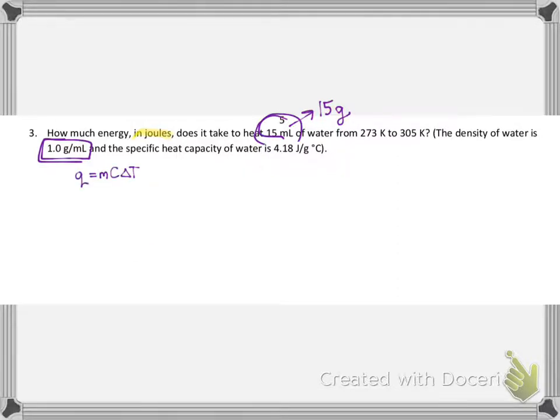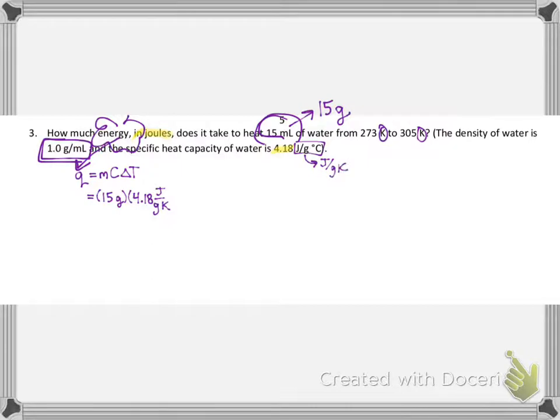So once you realized that you converted from milliliters to grams, the rest of this is just plug and play, because it says how much energy. Well, you're solving for Q. So our mass was 15 grams. Remember, they gave you C, the specific heat capacity of water. Now notice that they gave us units of joules per gram degree Celsius, but these evil people gave us temperatures in Kelvin. That's not a problem. Joules per gram degree Celsius is the same unit as joules per gram Kelvin.